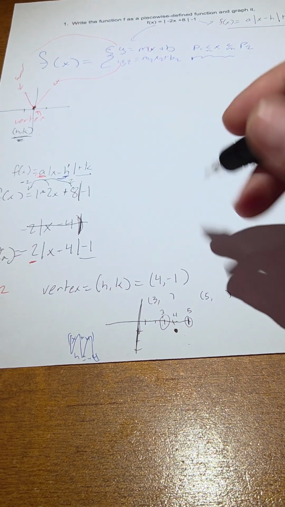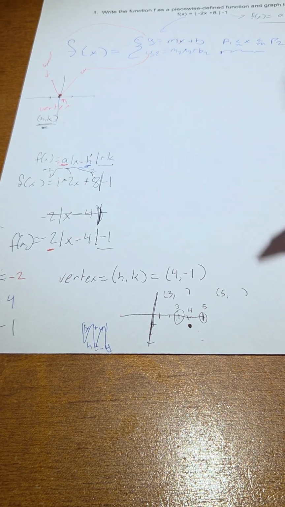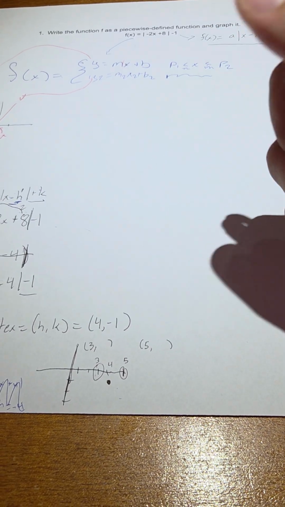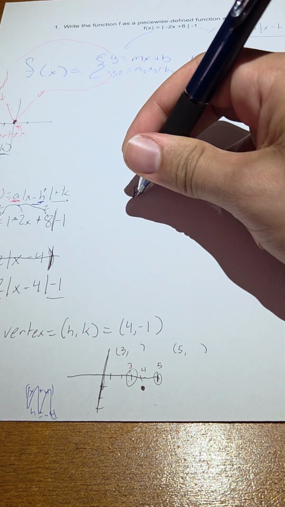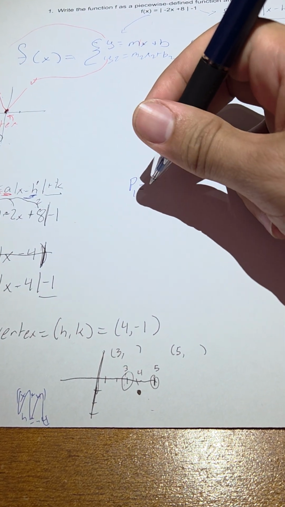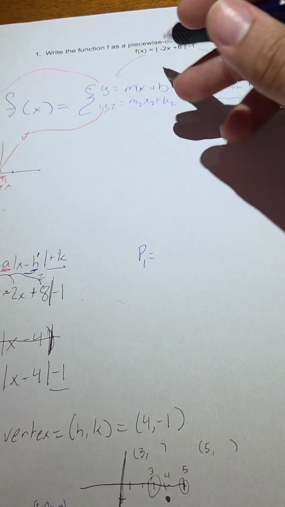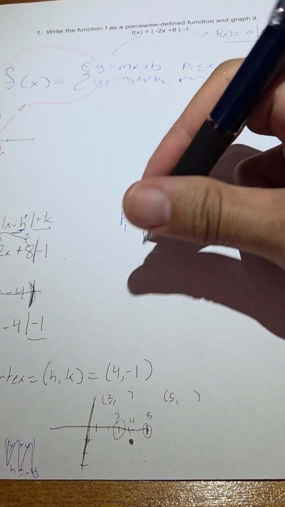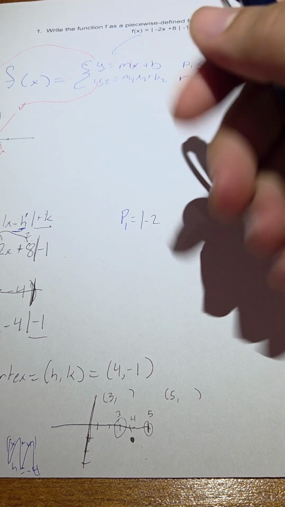Well, I'm glad you asked. We could just plug it into our equation right here. It's that easy, right? So let's say we're calculating for point 1. I'm going to calculate it right here. P1 is equal to, and then we just take the equation from the original question, negative 2 times the absolute value of, and then what is our P1?